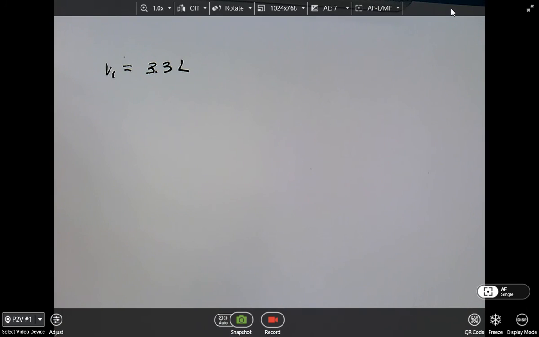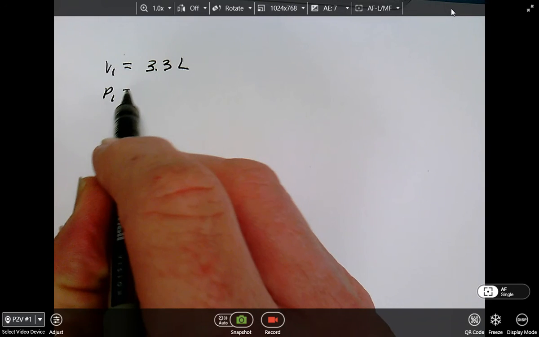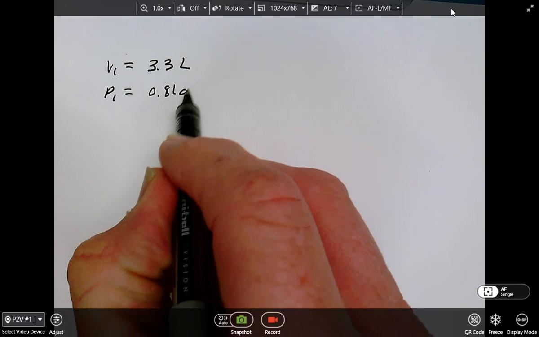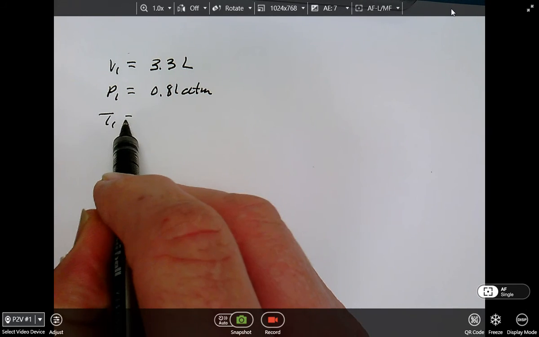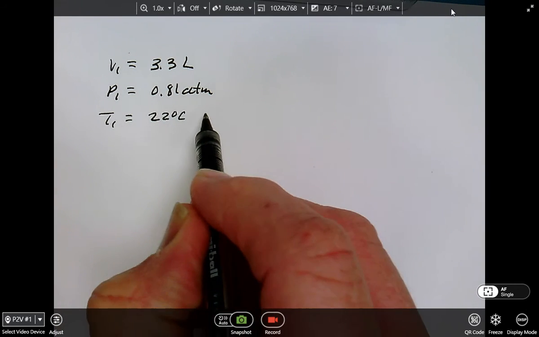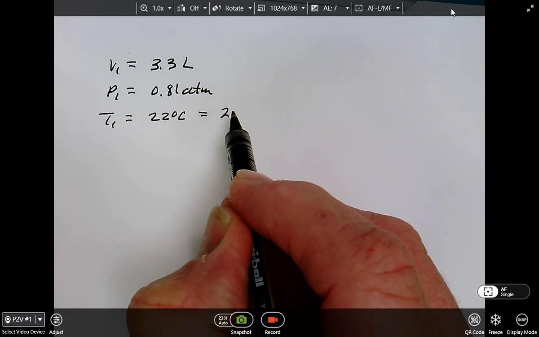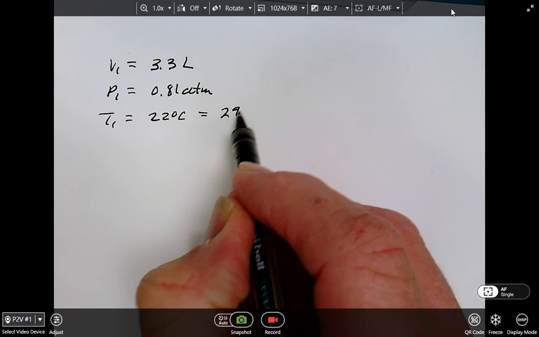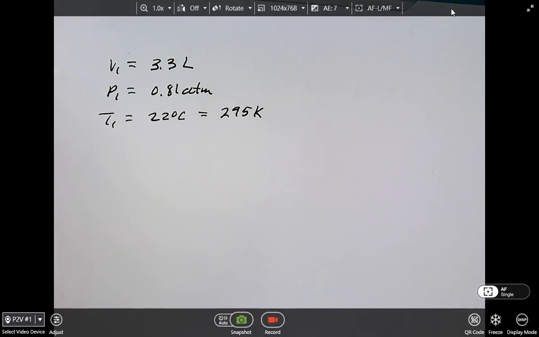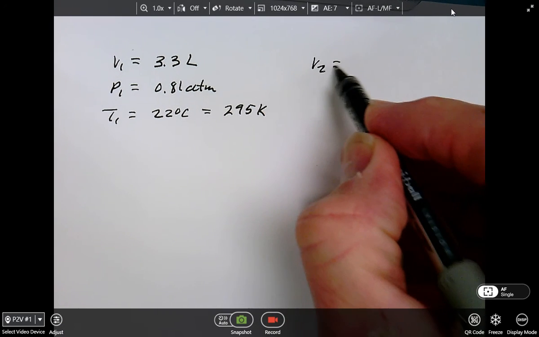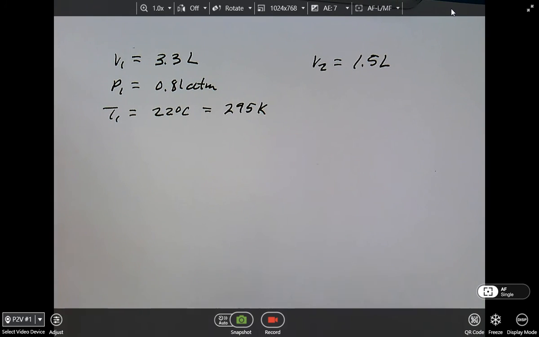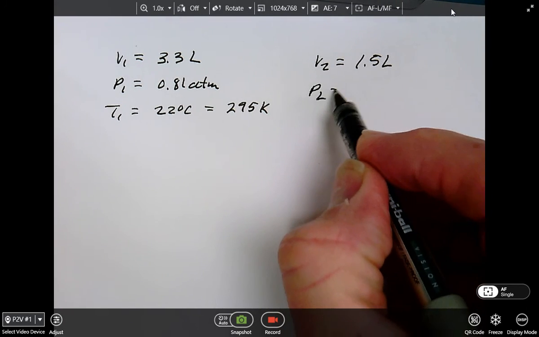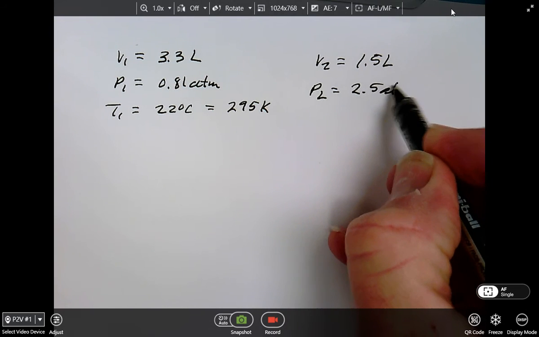We know that it is at a pressure of 0.81 atmosphere, so that's our P1, and we know the temperature, so our T1 is 22 degrees Celsius, and so we're going to add 273, so that gives us 295 Kelvin. And then we said that it's compressed to a new volume, so our V2 is 1.5 liters, and the pressure is 2.5 atmospheres, so our P2 is 2.5 atmospheres.